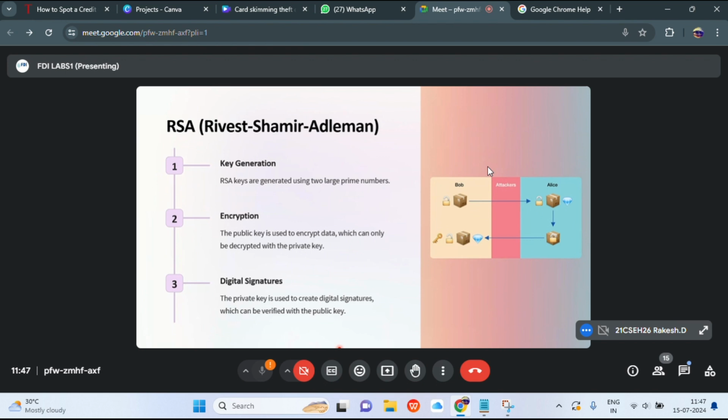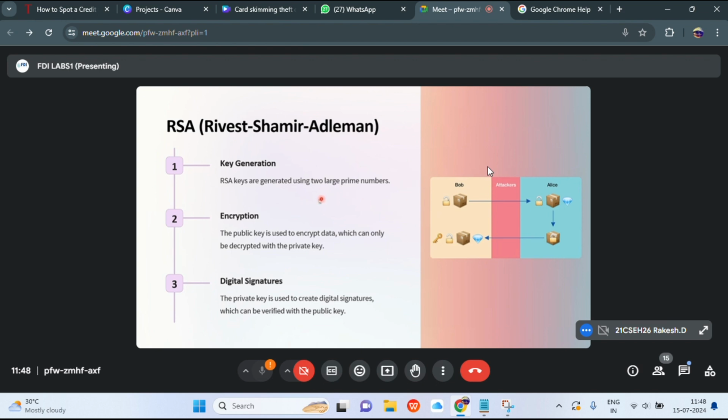Now this is RSA, which is asymmetric key cryptography. It was found by Rivest, Shamir and Adleman. These were the 3 people who found the RSA algorithm for encryption and decryption. Till now we have seen DES and AES, but RSA uses 2 large prime numbers as a secret key for encryption and decryption.